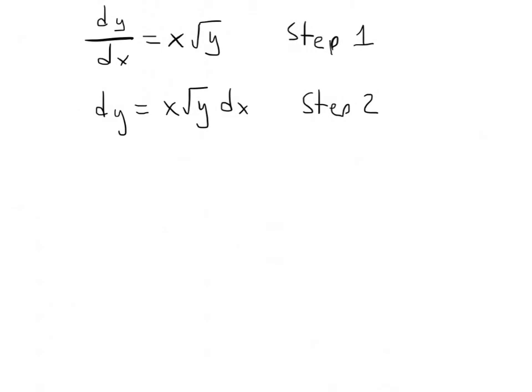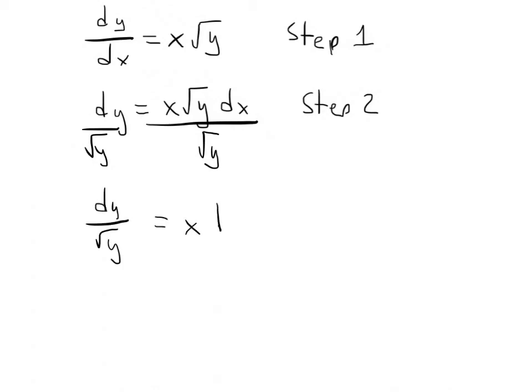Step 3 is supposed to be where we separate, right? So this is the dx side, this is the dy side. The only thing misplaced is the square root of y. So I'm going to effectively divide the square root of y to both sides. This ends up giving me dy over root y equals x dx. This was step 3. Because now this is the y side, it's all y. This is the x side, it's all x.